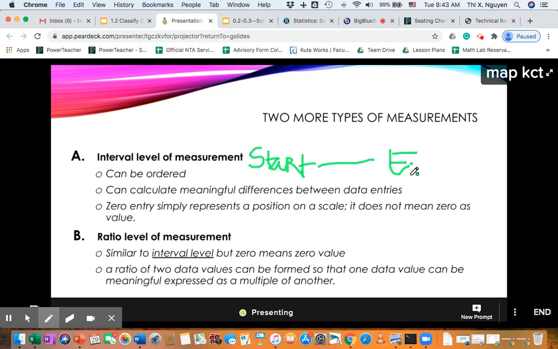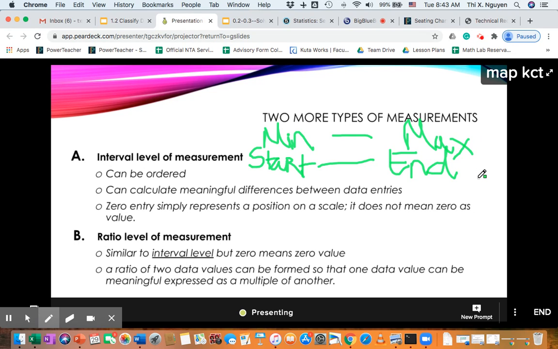What we do for interval is think of it as going from minimum to maximum. We organize it that way. So it's a chunk of data that we can put together.